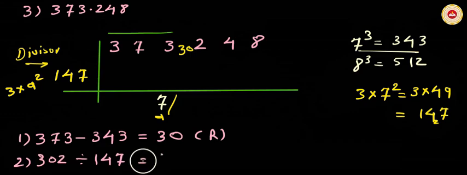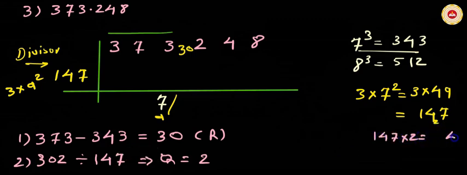which gives us quotient 2, because 147 multiplied by 2 is 294: 2 sevens are 14, 2 fours are 8 plus 1 is 9, and 2 ones are 2, so 294. So quotient is 2 and remainder is 302 minus 294, that is 8.